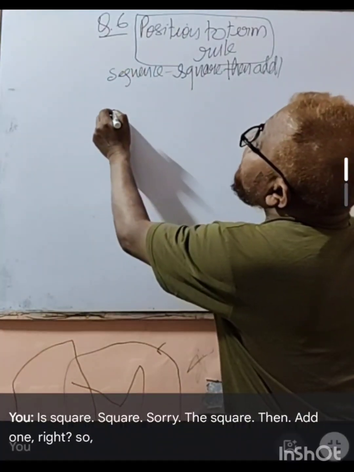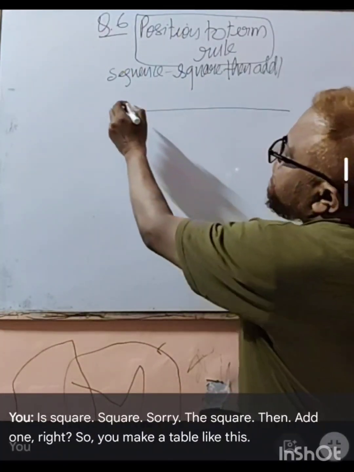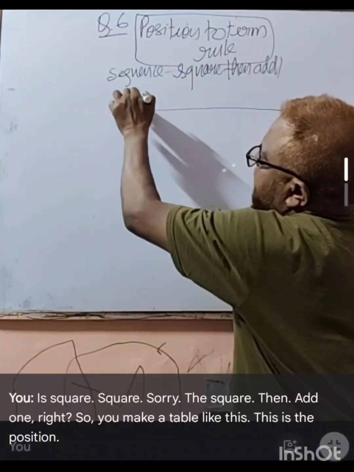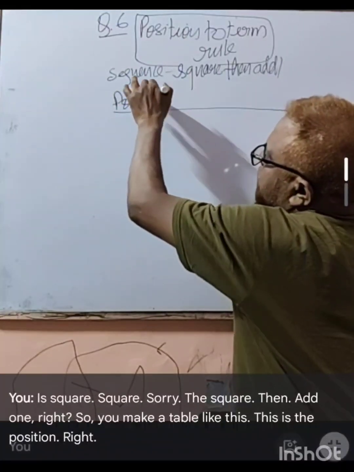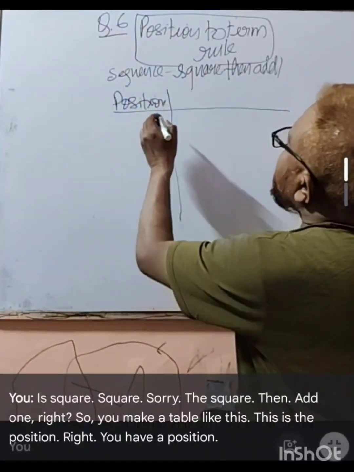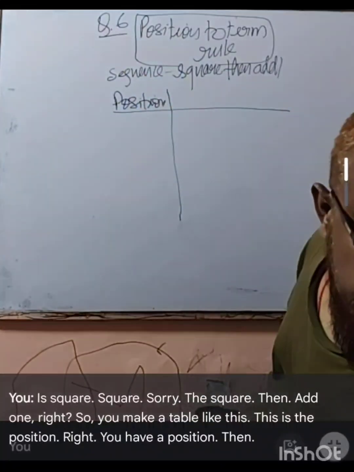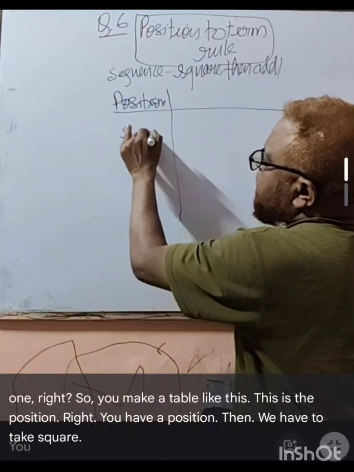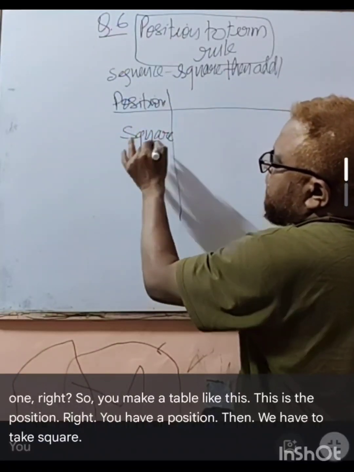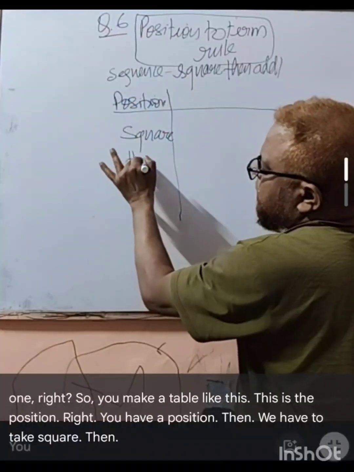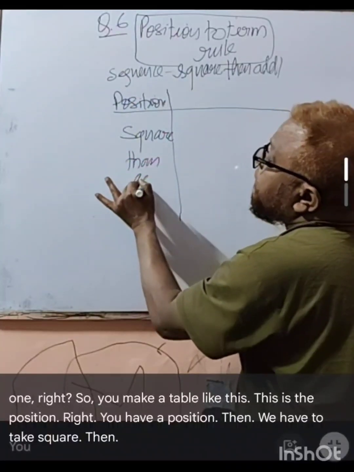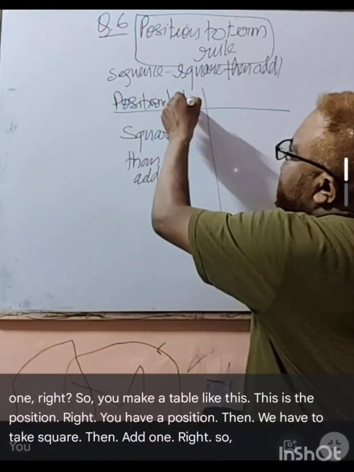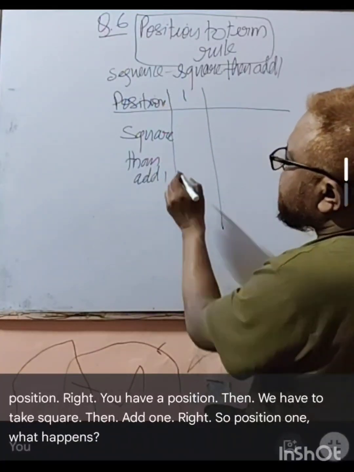So you make a table like this. This is the position, right? You have a position, then we have to take the square, then add 1.